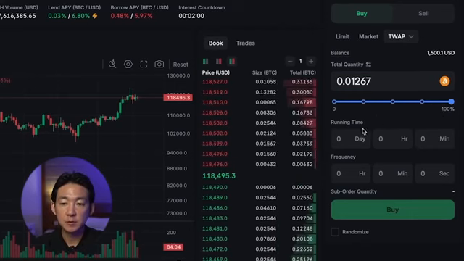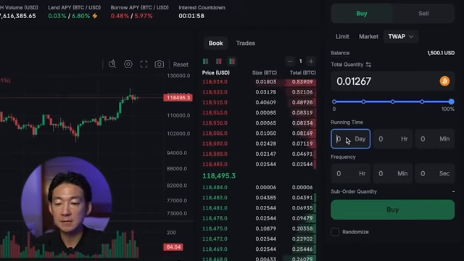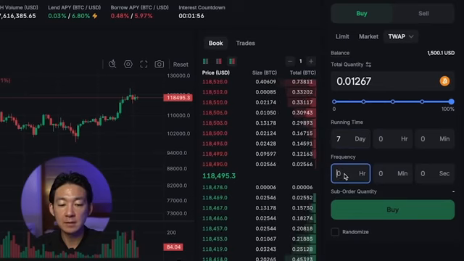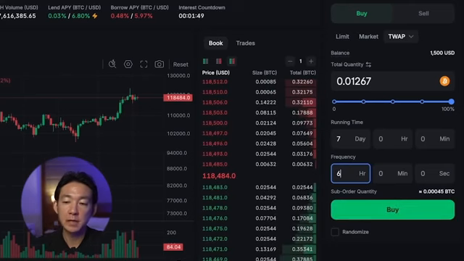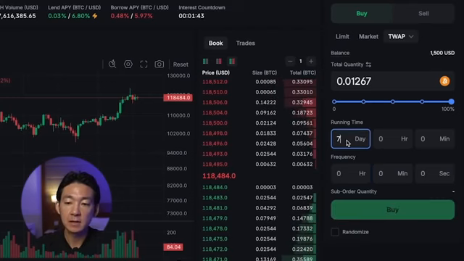And let's say you want to buy Bitcoin for the next 7 days, and every hour or 2 hours, or every 6 hours, and you can place an order. This is something we can do with the TWAP. This is quite amazing, right? This is very, very useful.